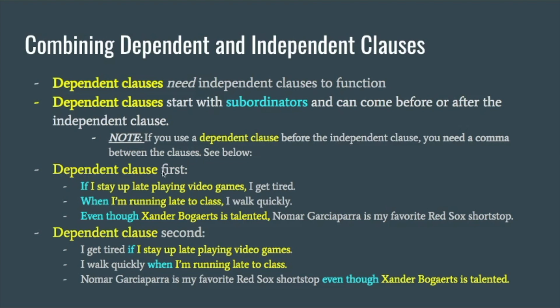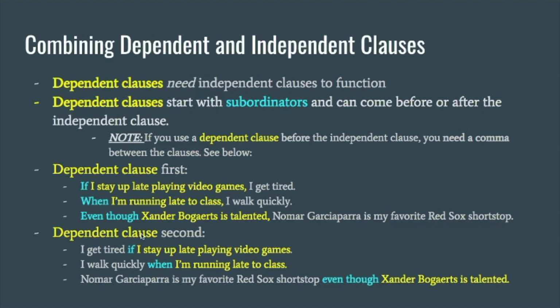Using dependent clauses first: if I stay up late playing video games, I get tired. When I'm running late to class, I walk quickly. Even though Xander Bogaerts is talented, Nomar Garciaparra is my favorite Red Sox shortstop. And it's important to note here the comma placement right at the end of the dependent clause.